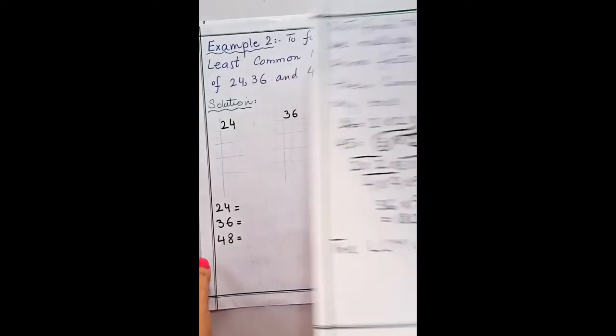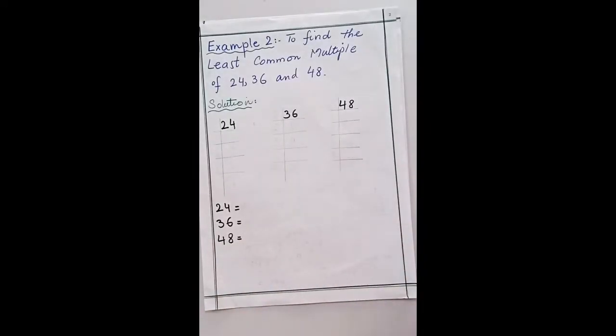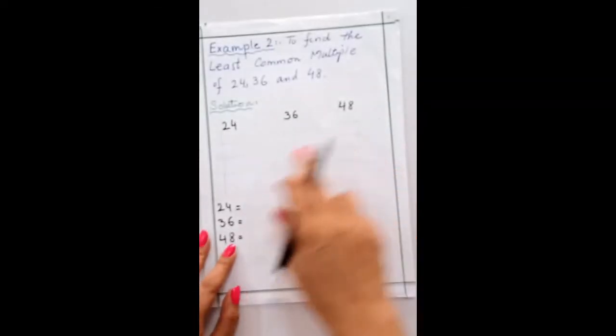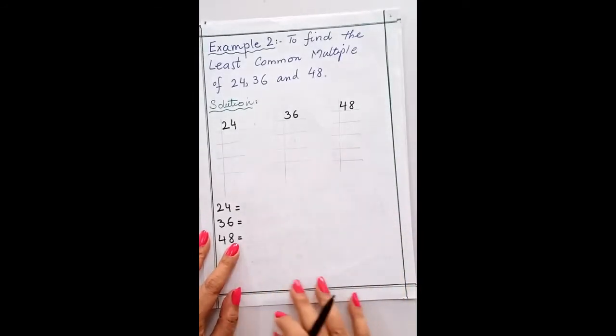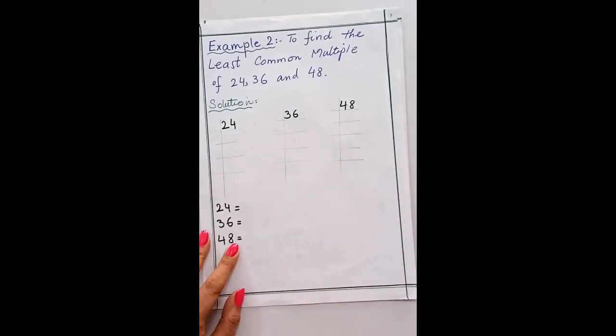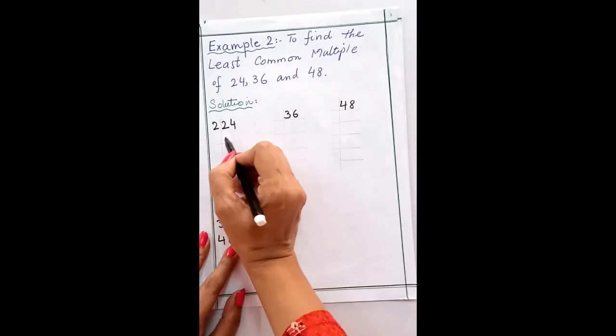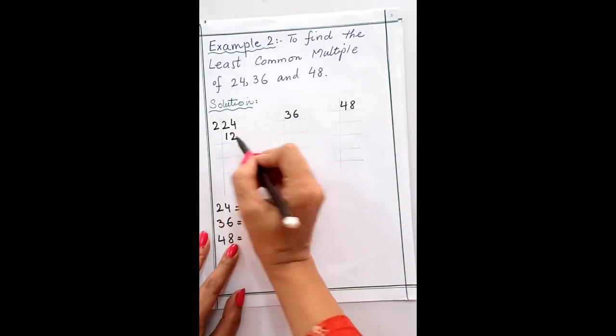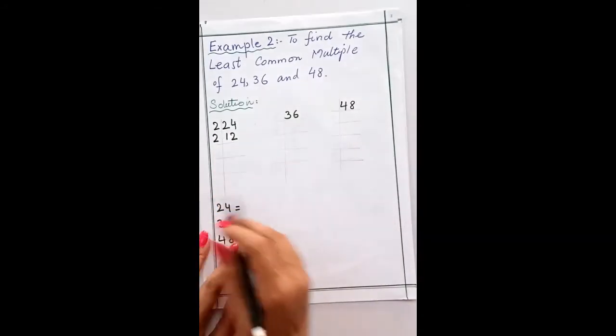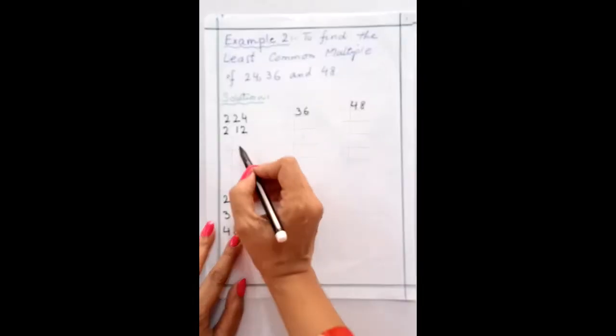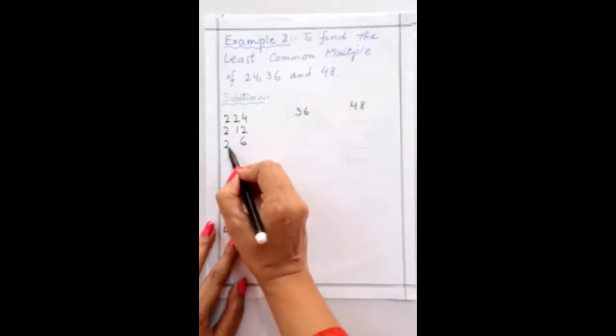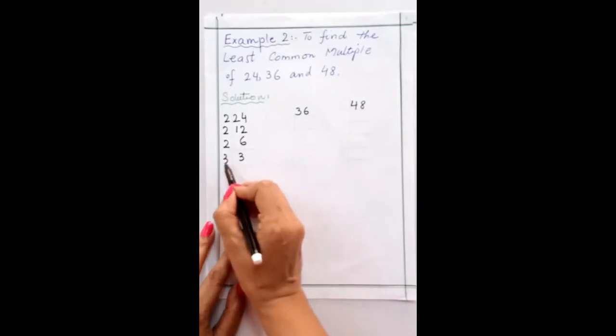Now next example. Let's do one more example to find the least common multiple of 24, 36 and 48. As you can see, all these numbers are even numbers, so they can be divided by 2. 2 1s are 2, 2 2s are 4, 2 6s are 12, 2 3s are 6, 3 1s are 3.